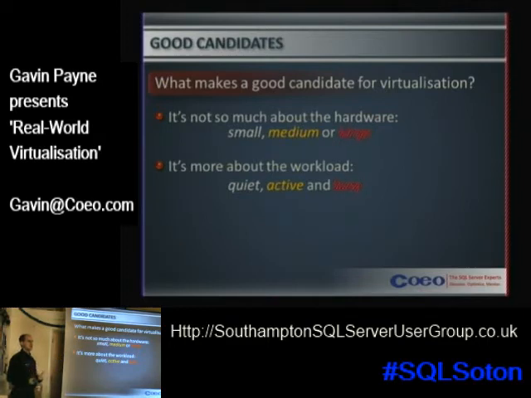Am I likely to run into resource and contention issues because I know my web server is going to be really, really busy? Or is it just quiet and doesn't really notice too much about the environment it's in? Those are the terms that I use. They're very different in meaning to small, medium, and large, but they are quite measurable, or we emotionally know if a server feels quite active or busy.